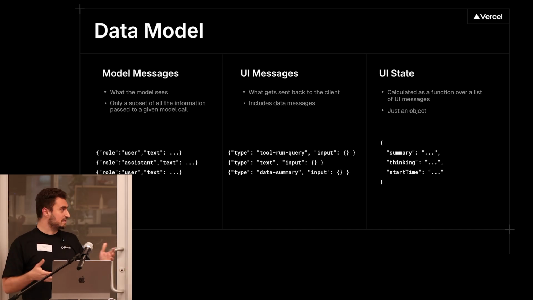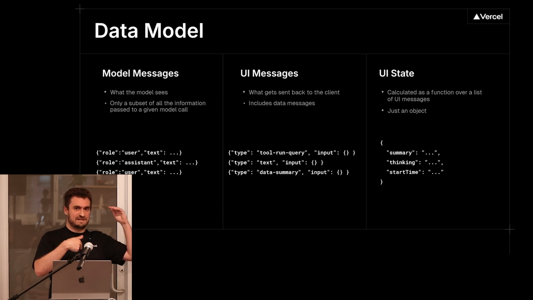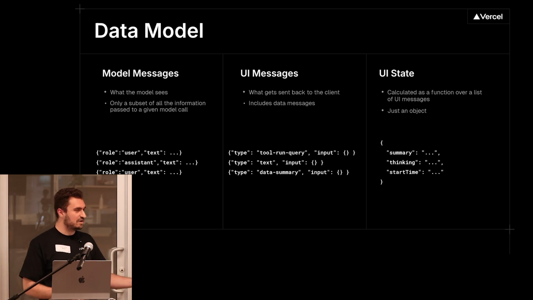The way I was implementing it is that in the middle you have this stream of UI messages. These are getting updated progressively, and as they get streamed in, I can run a function over these messages to produce that object at the end. So say I have a message that is the summary at the very end. I can take that summary, put it into my UI state, and display it to the user.